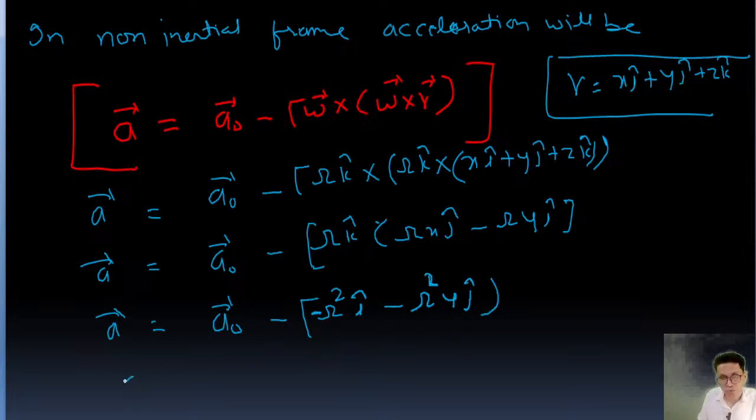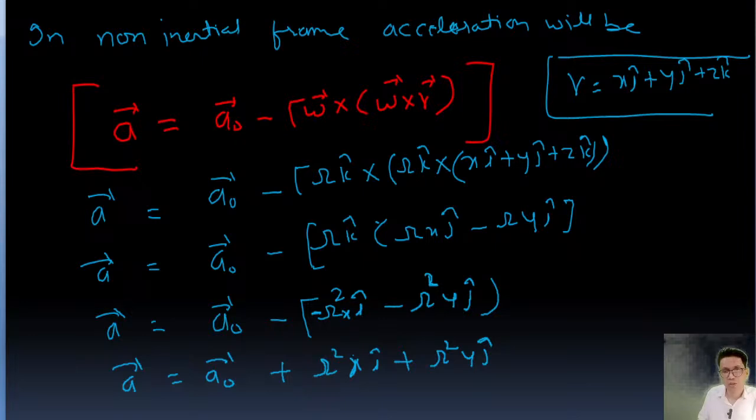So vector a is going to be a naught plus omega square x i cap plus omega square y j cap. We can write it.